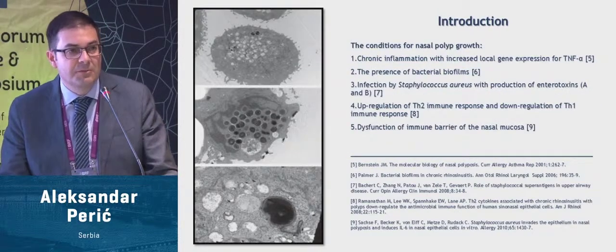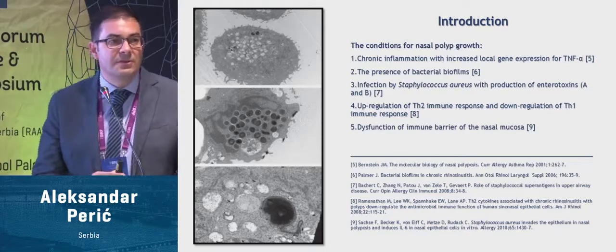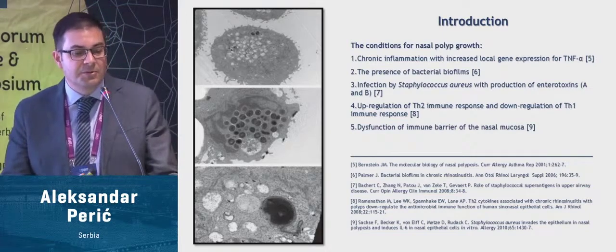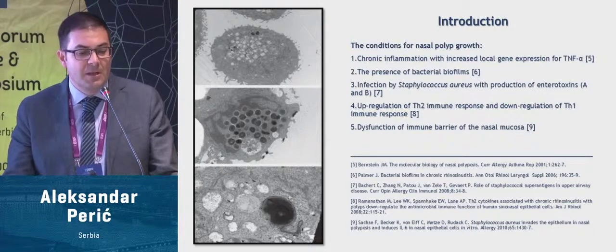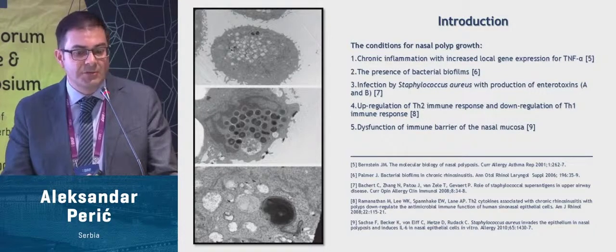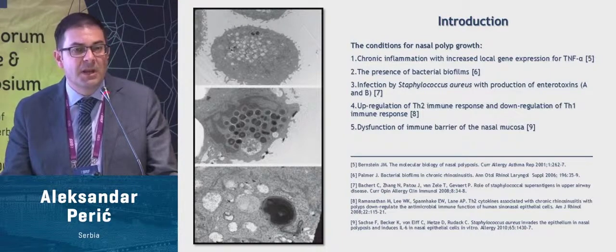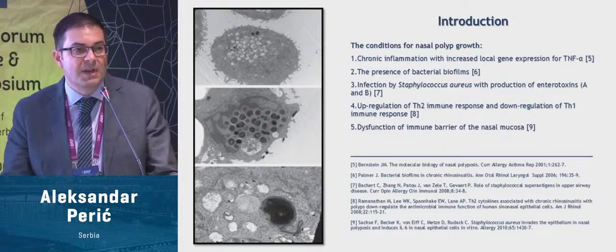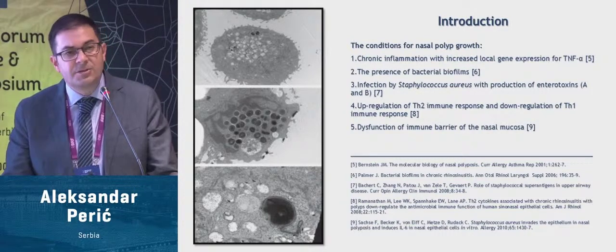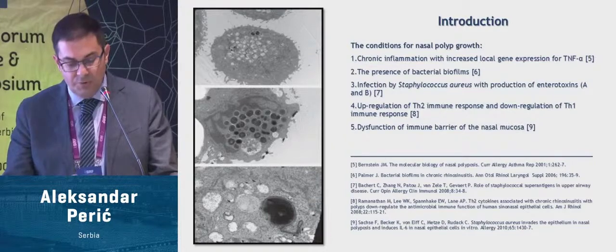According to results of previous investigations, the main conditions for nasal polyp growth are chronic inflammation with increased local gene expression for tumor necrosis factor alpha, the presence of bacterial biofilms, infection by Staphylococcus aureus with production of staphylococcal enterotoxins, especially A and B, upregulation of Th2 immune response and downregulation of Th1 immune response, and dysfunction of the immune barrier of the nasal mucosa.